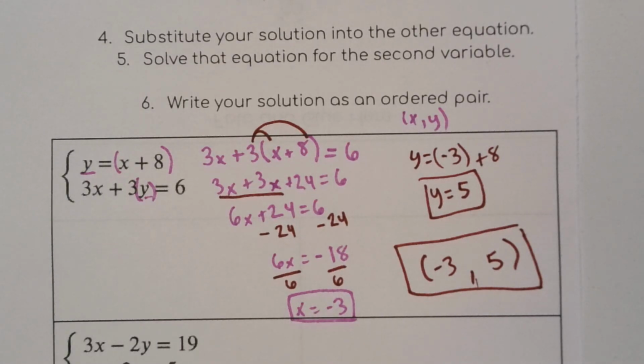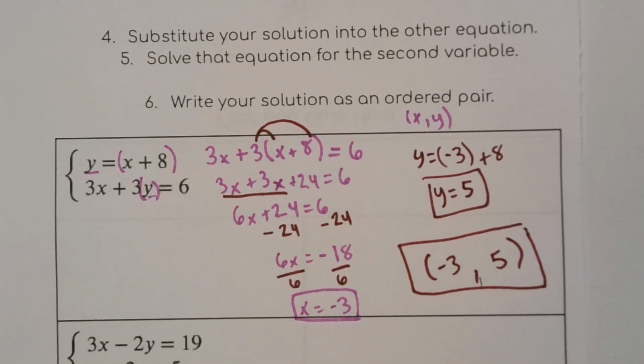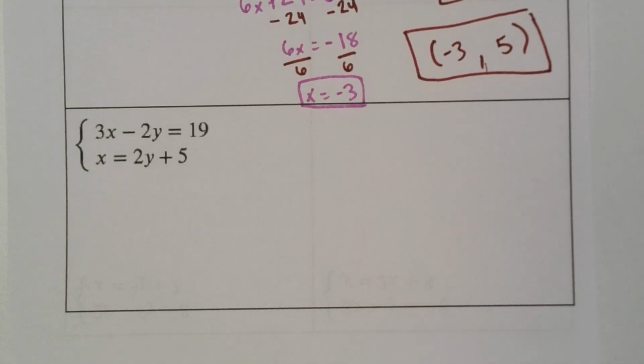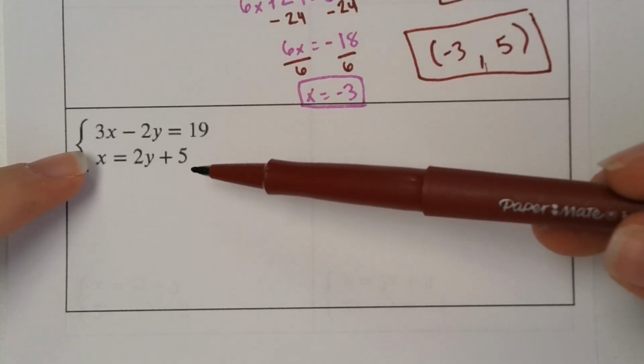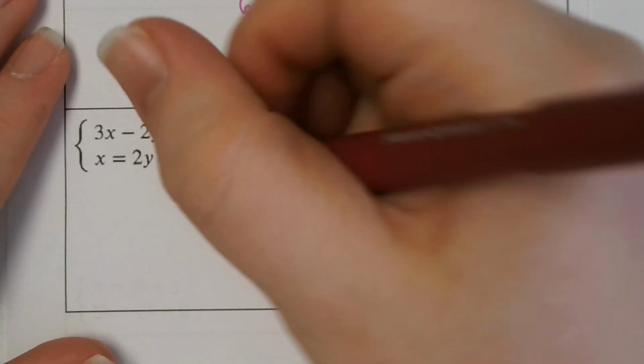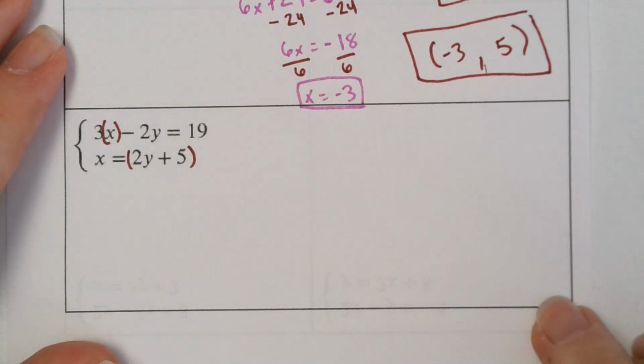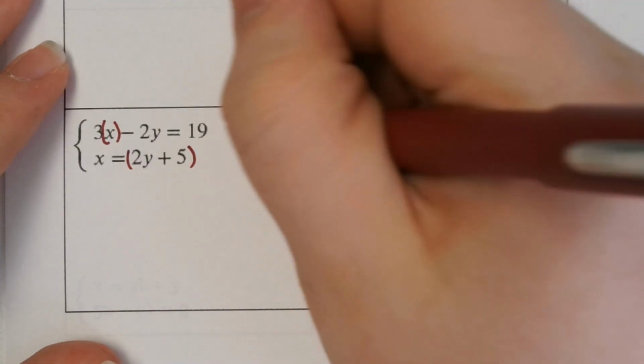Okay. Any questions on this first example? All right. Moving on to the next one. Which equation is solved for what? So we're solved for x. Sweet. So instead of x in the first equation, we're going to plug in the 2y plus 5.